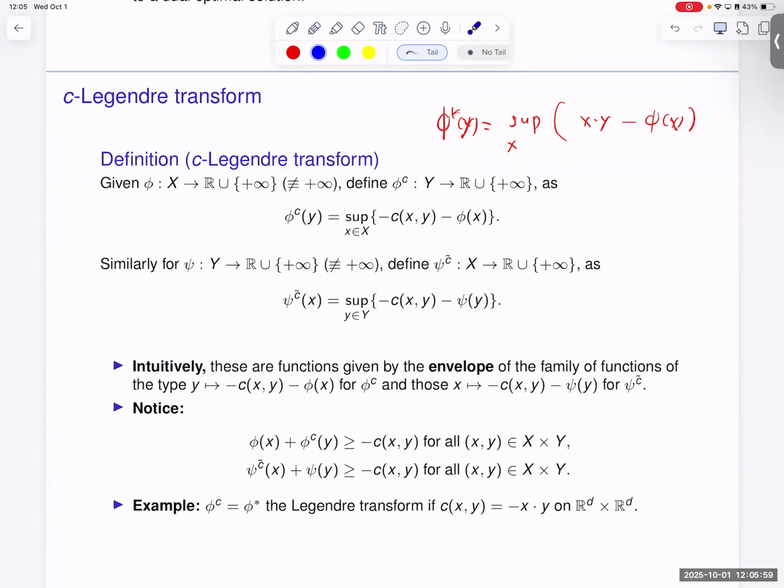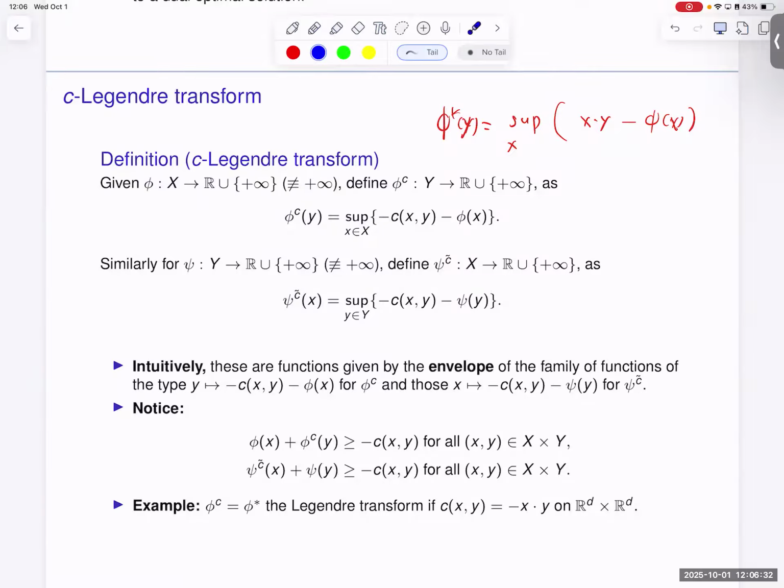Here, instead of this dot product, we just put negative c(x,y). That's what the C-Legendre transform is. And here, x and y may not be symmetric. That's why for the other function psi, on the y space, we use this different notation, c-theta. But this c-theta just comes from the same c.